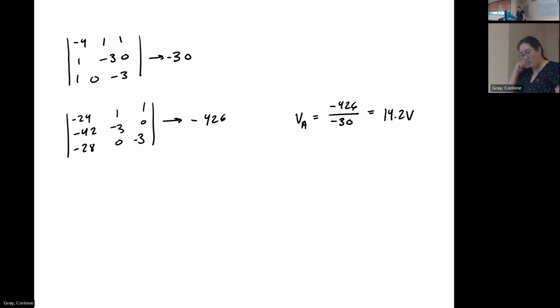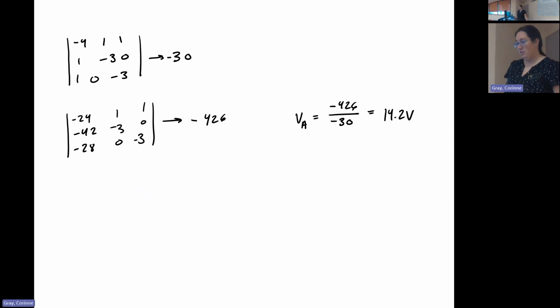So if we wanted to find VA, that would be equal to -426 divided by -30, which should get us 14.2 volts. Any questions about VA? Or anything up until this point?